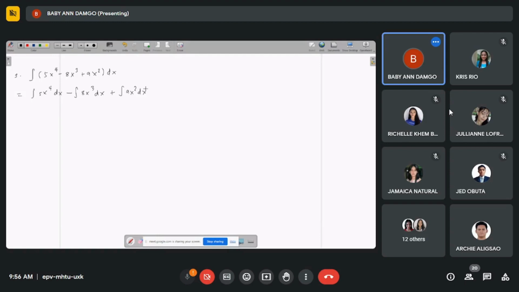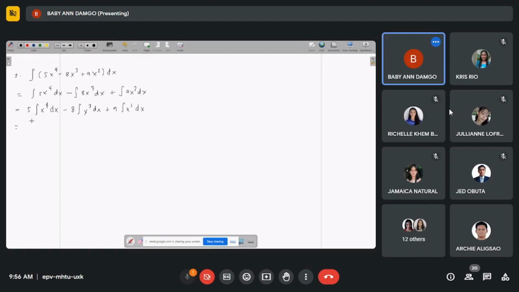So, we have 5 integration of x to the 4th dx minus 8 integration of x cubed dx plus 9 integration of x squared dx. Okay? So, pwede na na to ma-apply ang power rule for integration.